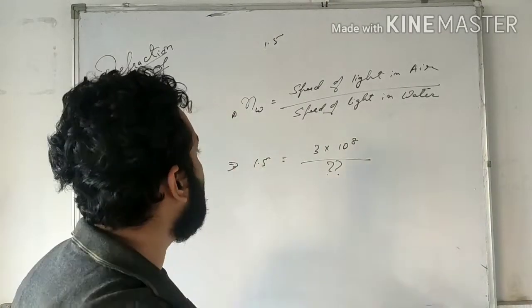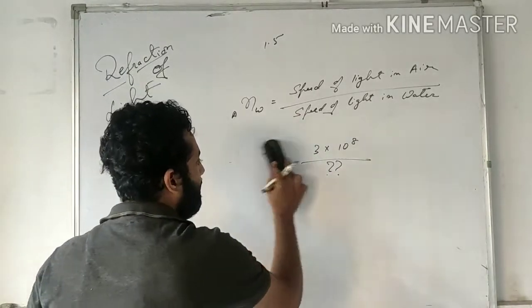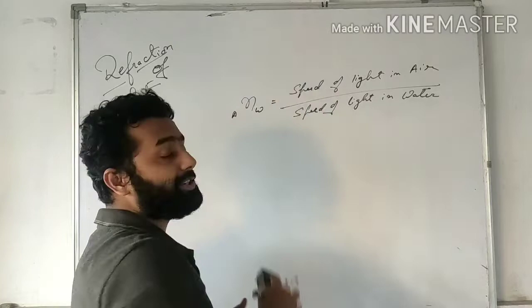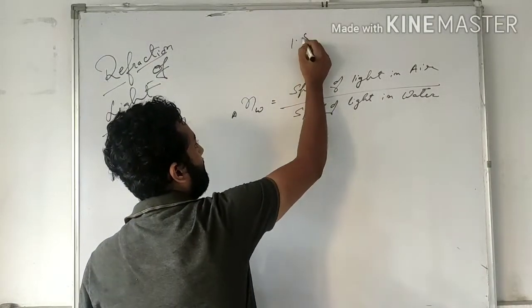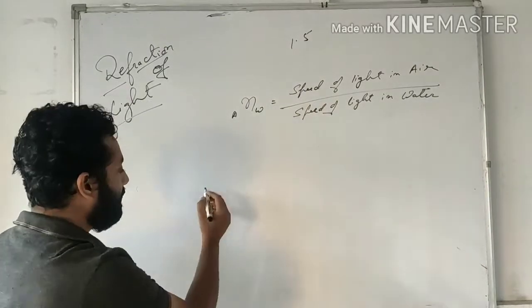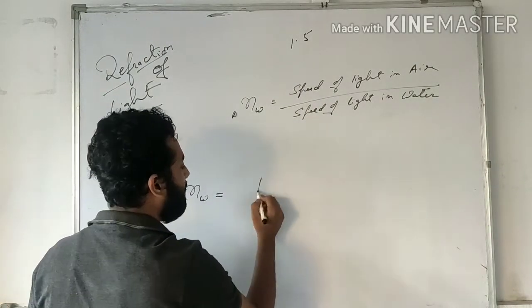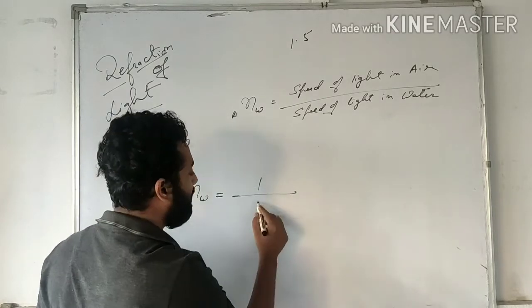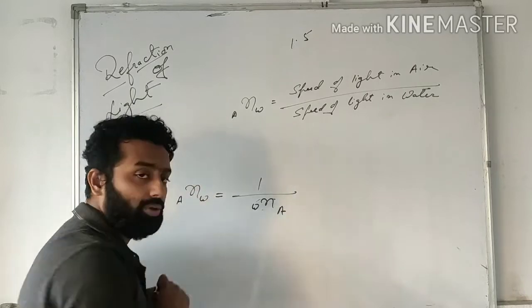Again, if it is given in a different way, that the refractive index of air with respect to water is 1.5, we know that the refractive index of water with respect to air will be inversely proportional to the refractive index of air with respect to water.